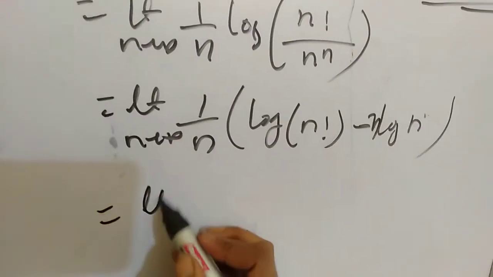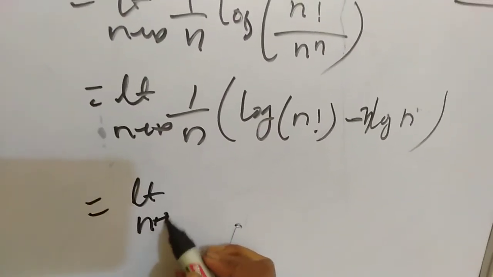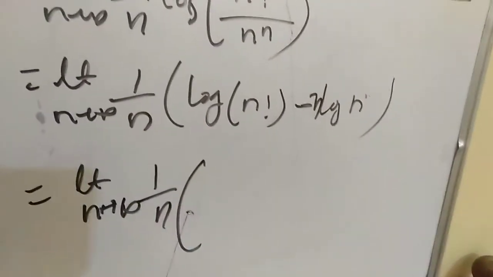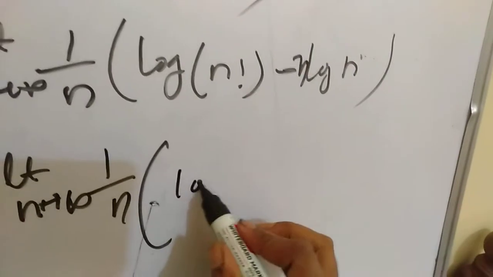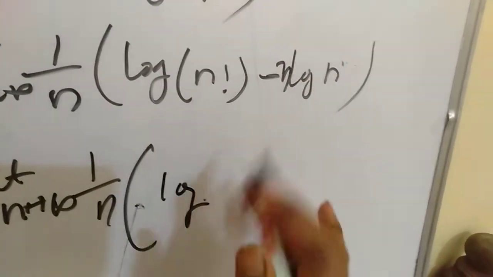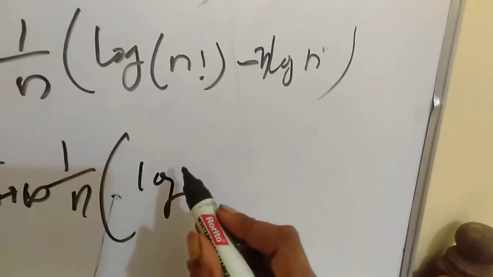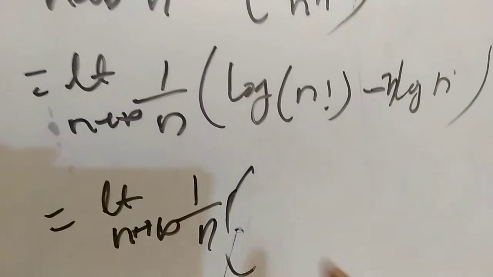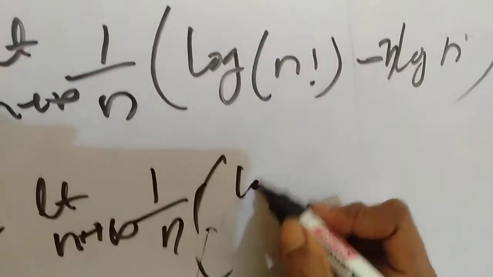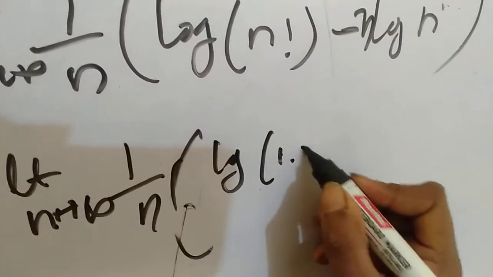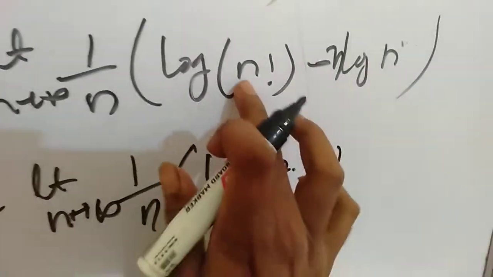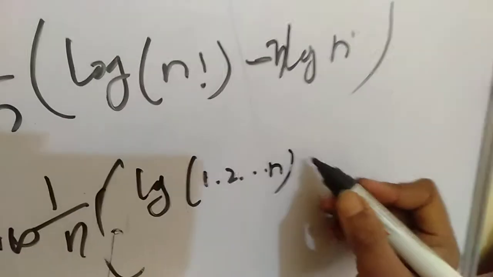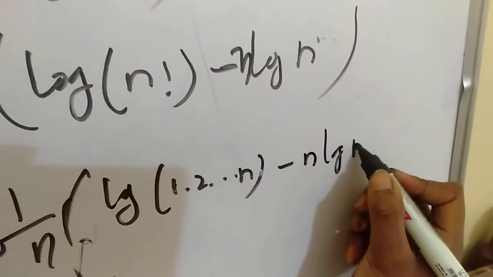Then limit n tends to infinity 1 by n. We write log n factorial like this. We know that n factorial is 1 into 2 into and so on up to n. So log n factorial is log of 1 into 2 into and so on up to n, minus n into log n.